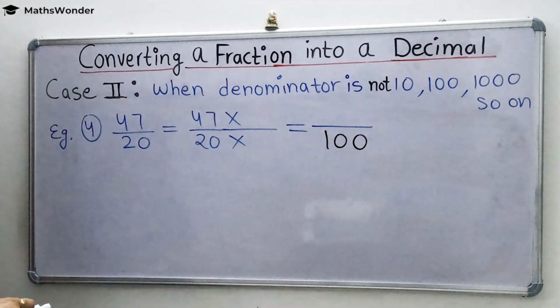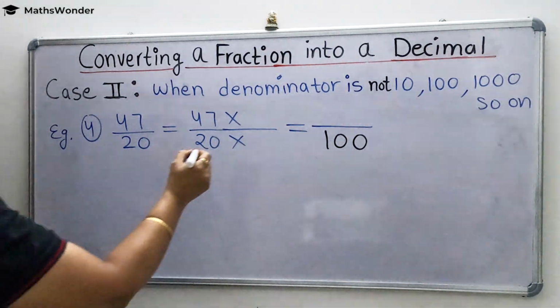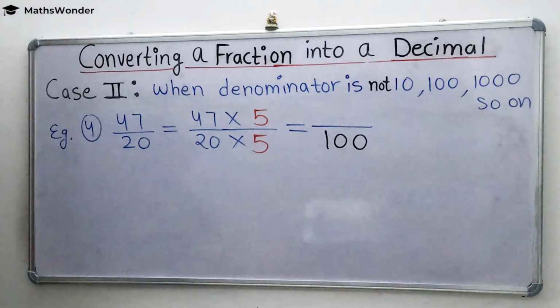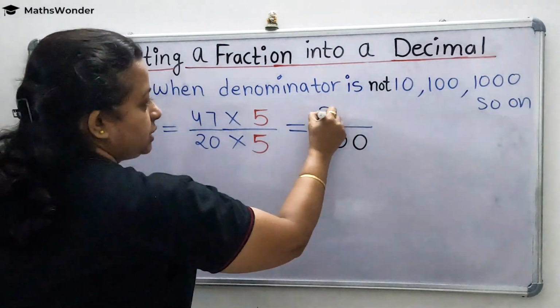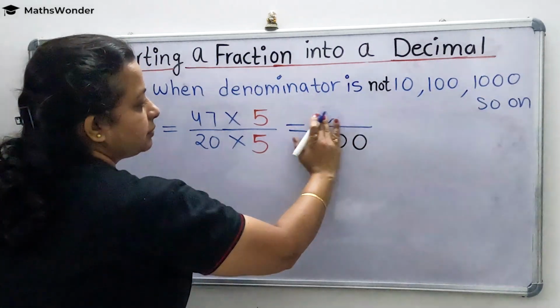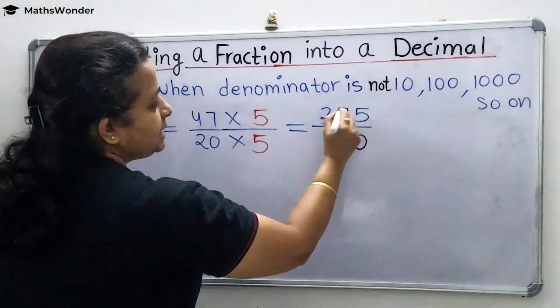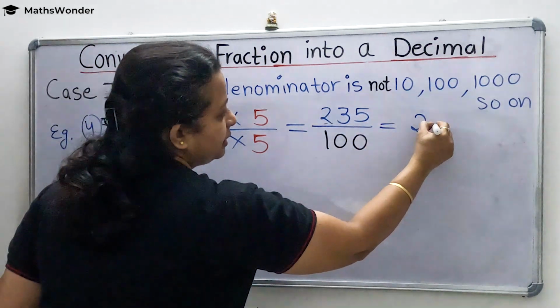How? 20 times what will give 100? 5. So 47 times 5 is 235. Now you can easily convert it into decimals.